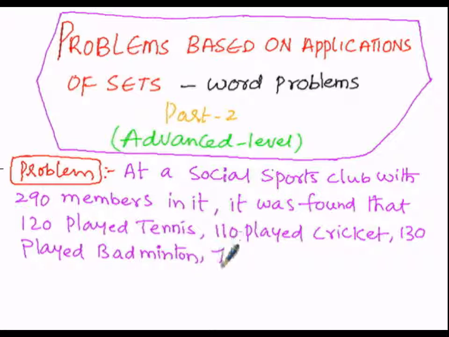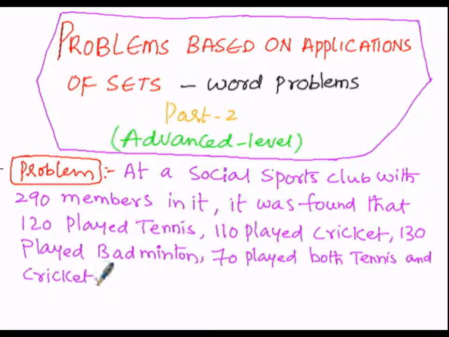And whereas 70 played both tennis and as well as cricket, and 55 members played cricket and as well as badminton.